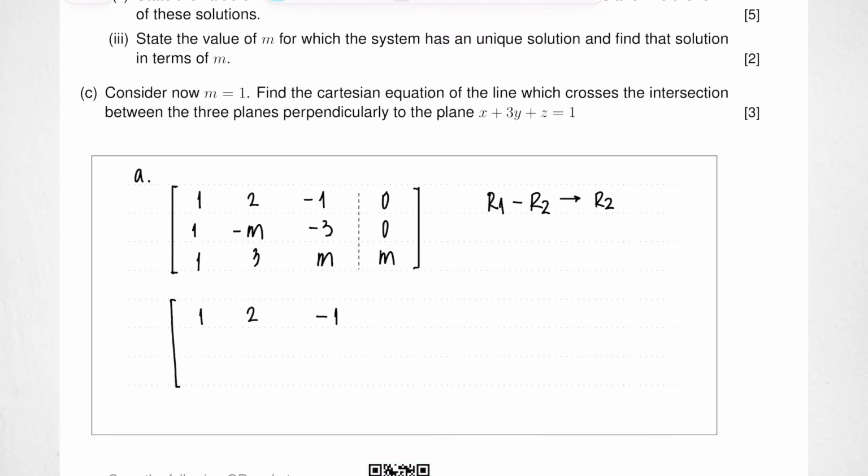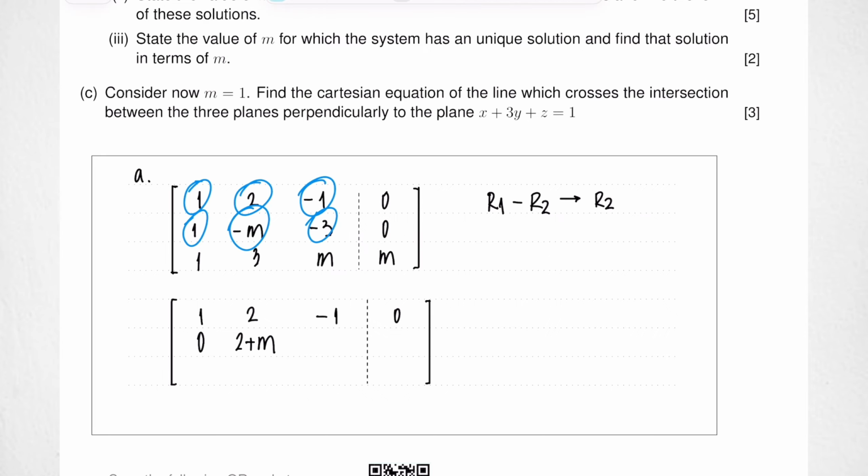We copy the first row and we do 1 minus 1, which is equal to 0, and we store it over here. We do 2 minus -m, which is 2 plus m, and we store it over here. 1 minus -3, so positive 4 over here, and then 0 minus 0. And that's it for equation number 2.